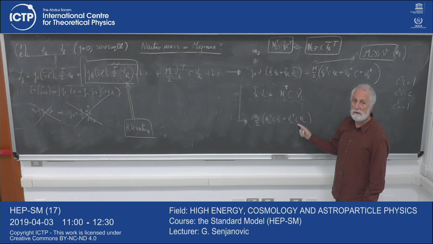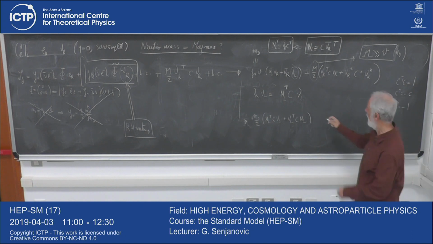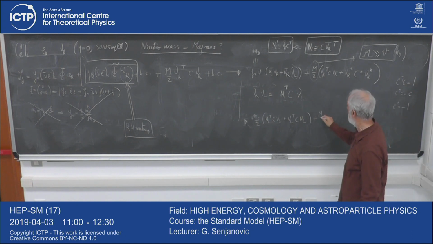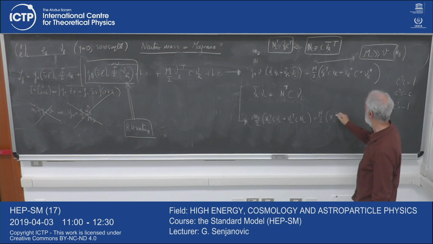They anti-commute, but C transpose is minus C. Plus M over 2. This term here is N L transpose C N L plus Hermitian conjugate.